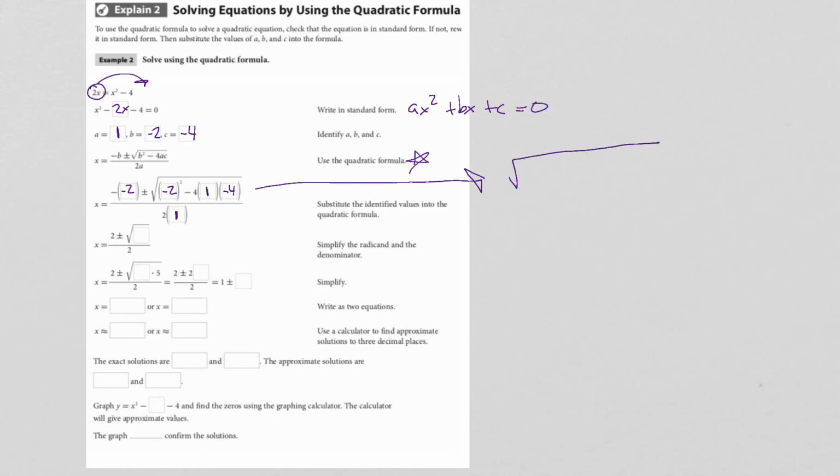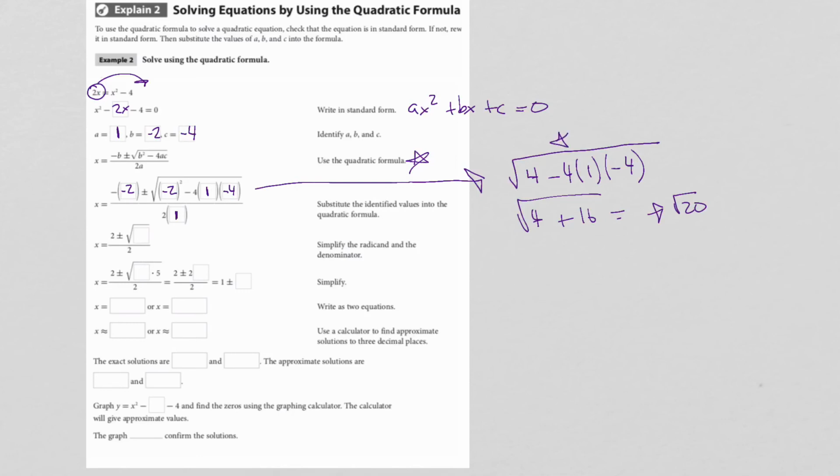Just this part is, what is negative 2 squared? That's going to be 4. And it's going to be 4 minus 4 times 1 times negative 4. So this is essentially 4 plus 16, or the square root of 20. And you're like, well, how is it plus 16?